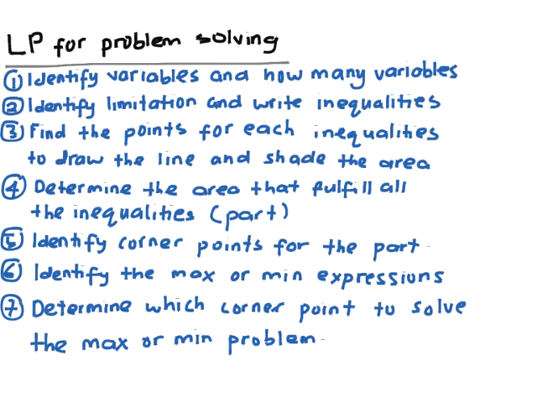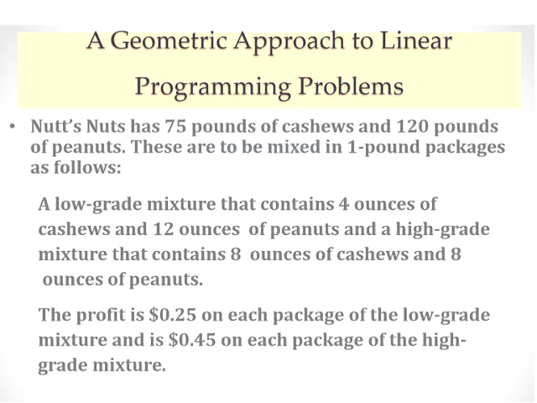So let's say for the real situation, we have this one example. The example here says that a nut company has 75 pounds of cashews and 120 pounds of peanuts. These are to be mixed in 1 pound packages as follows.